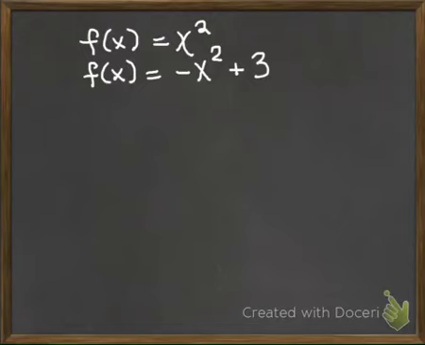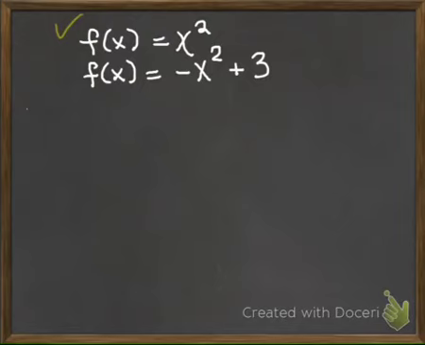Our parent graph was a quadratic, x squared, and our new one is negative x squared plus 3. So what we're doing here is, the first thing that we did was we multiplied -1 times the whole thing. It's not inside in parentheses with the x. So since it's on the outside, it's a vertical flip.